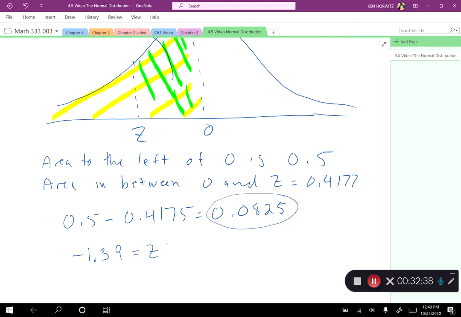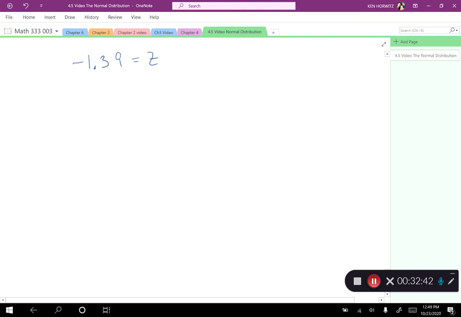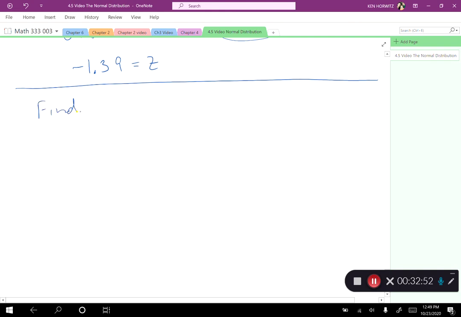All right, so let's try one more. I'll change the information on you a little bit. This will be our last example of the day. I'll say find the z-score for, I'm going to give you the graph.